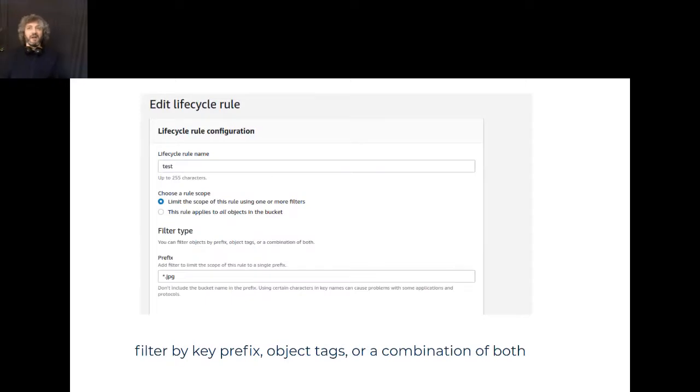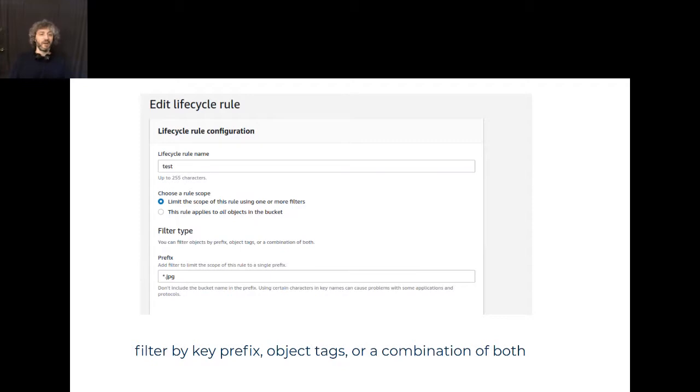Well, you can change the object class yourself, going through every object, making the request. But if you have a bucket in production with billions of objects, that's not going to work. It's going to cost you more in Lambda function or EC2 compute capacity than what you're going to save. So what you do, that's the default, you use lifecycle rules.